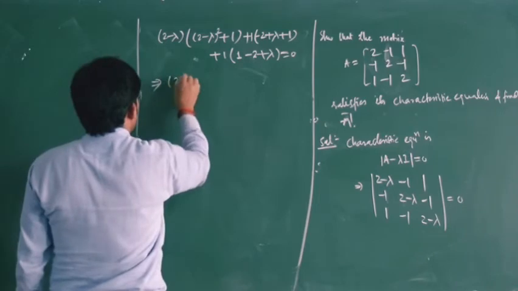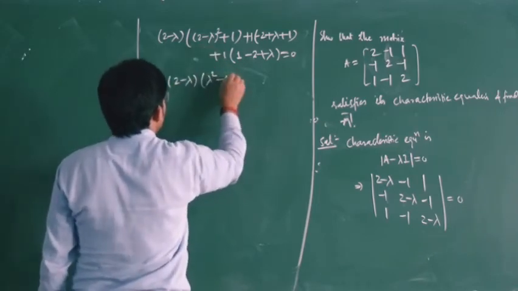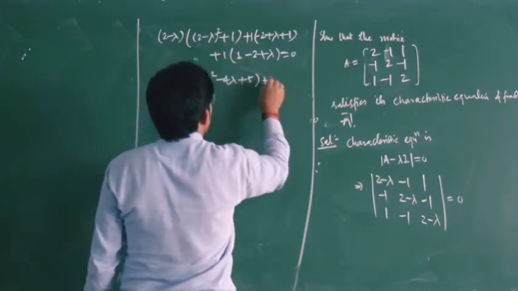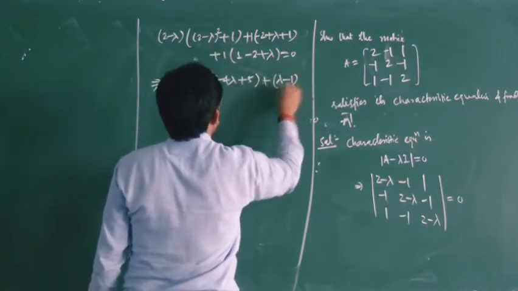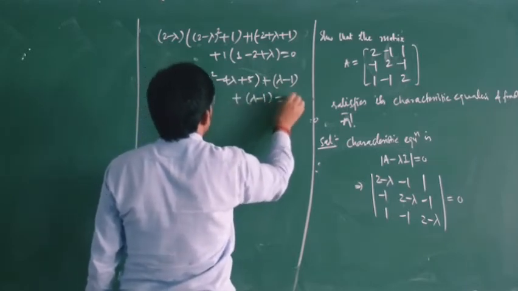Now we have 2 minus lambda times lambda square minus 4 lambda plus 4 plus 1, so this is your 5. Then we have lambda minus 1, then we have lambda minus 1 again, this is equal to 0.